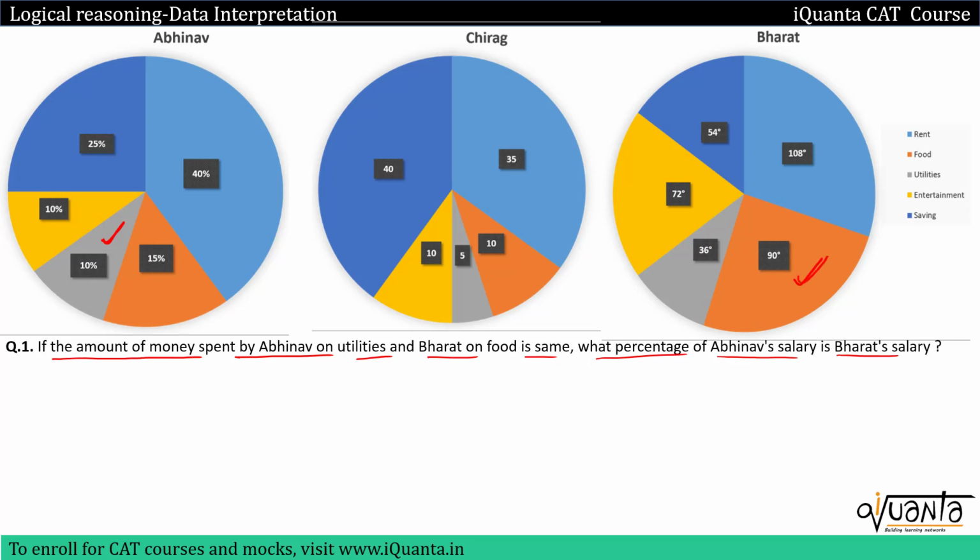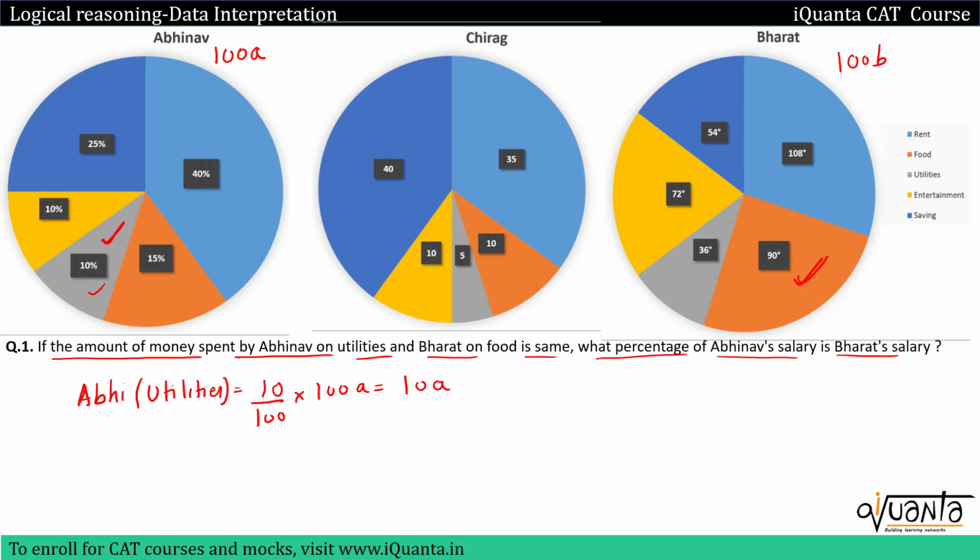So let me assume that the total salary of Abhinav is 100A and total income or salary of Bharat is 100B. Abhinav on utilities, what will it be? It will be 10% of the total income. So 10% of 100A, which gives us 10A.